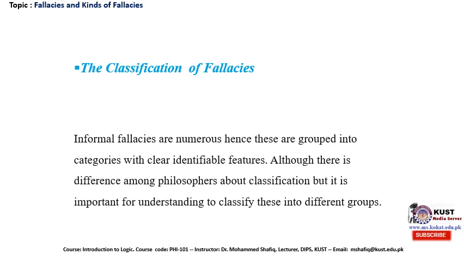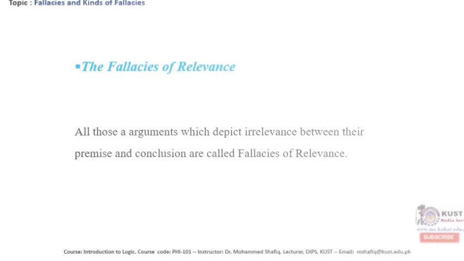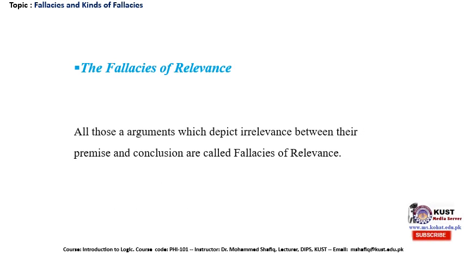So the first class or group of fallacies is called fallacies of relevance. Fallacies of relevance basically are all those arguments which depict irrelevance between their premise and conclusion.